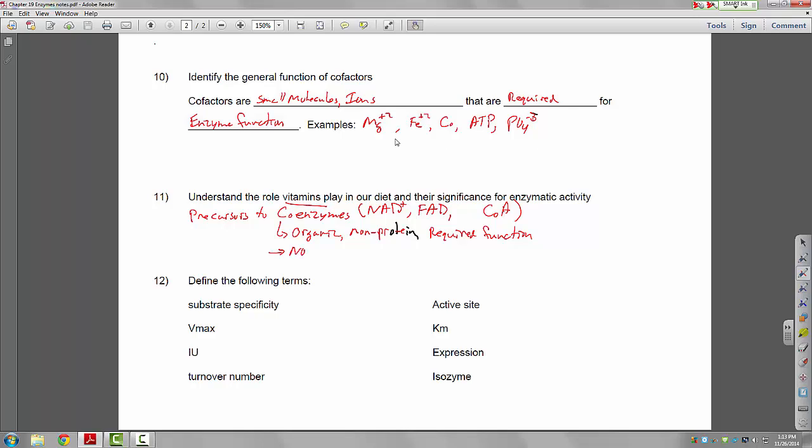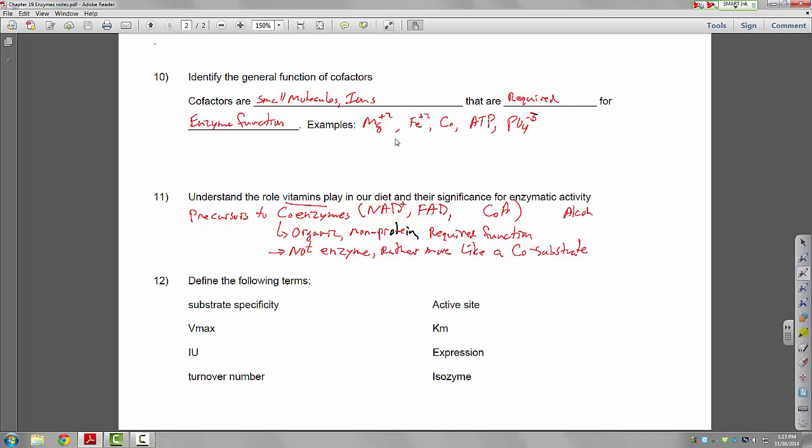Although the name, I don't know, they bind the enzyme at the active site and they're converted in the process of the reaction, so they're not really an enzyme. So, not a coenzyme per se. They're rather more like a co-substrate. Let me give you an example.